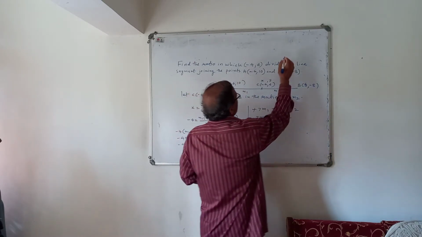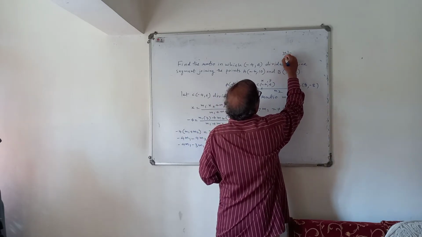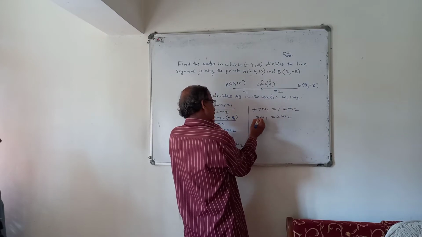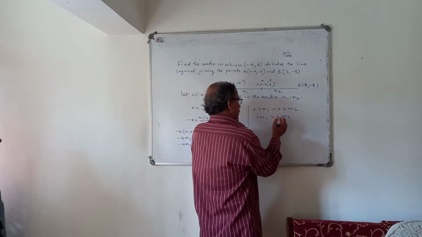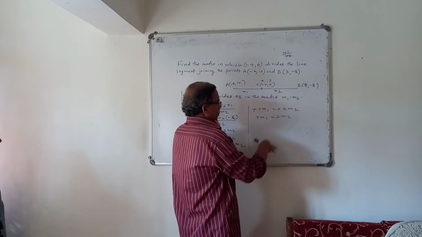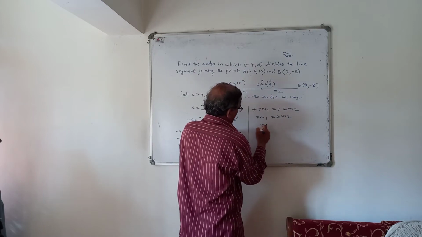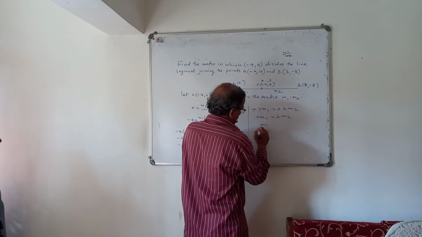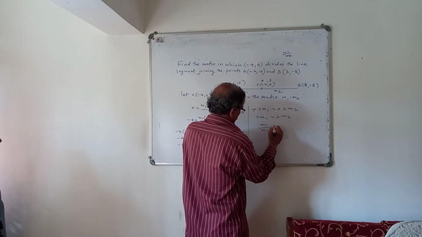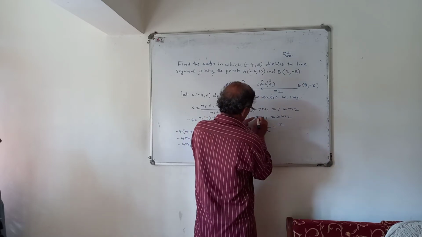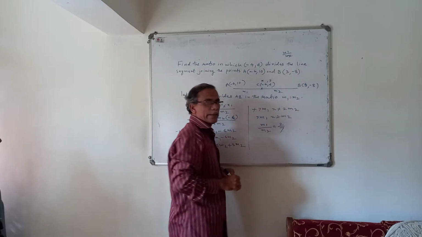And we want to find a ratio, means m1 upon m2. So 7m1 means 7 into m1, and 2m2 means 2 into m2. This m2, let us transfer here. So this will be m1 upon m2, and the number on the right hand side we write first, 2 upon 7.